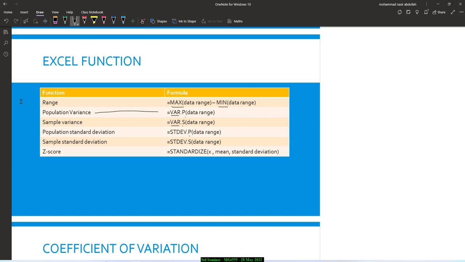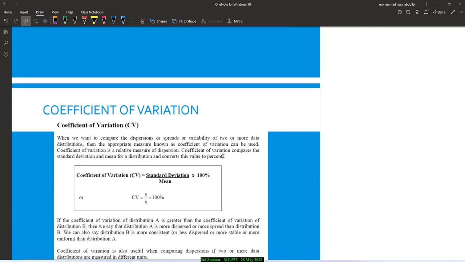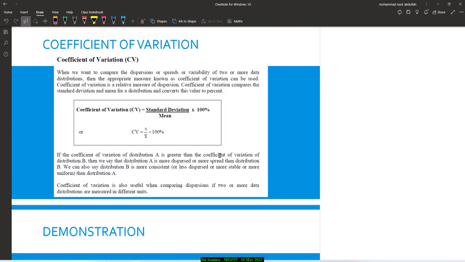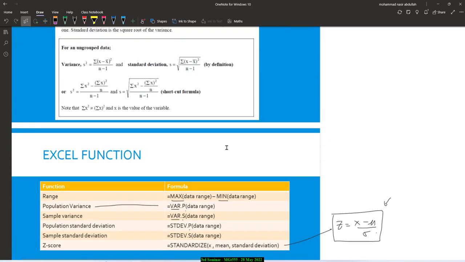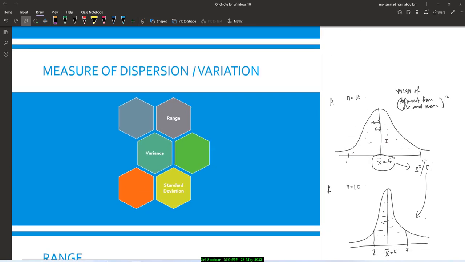Z score means standardizing x using the mean and standard deviation. The Z score is x minus mu divided by sigma, right? This is the Z score, but we will look at this in the next chapter. Now the coefficient of variation. In the earlier example we had two distributions.